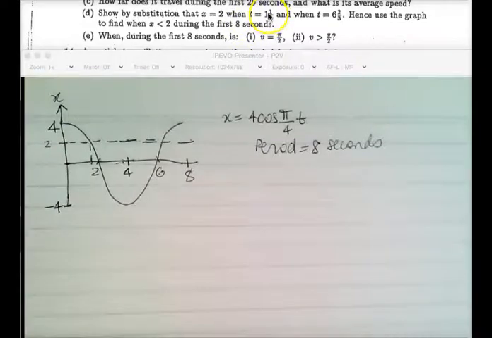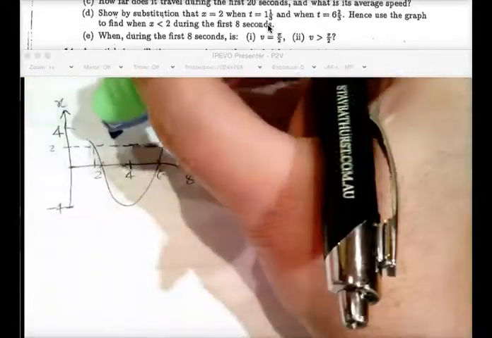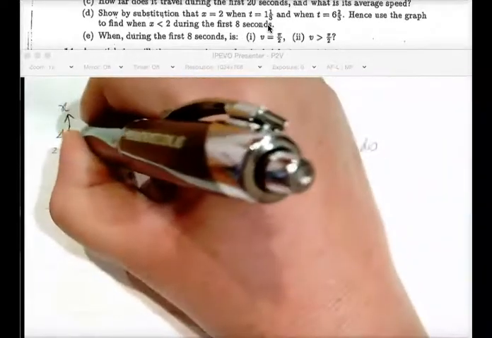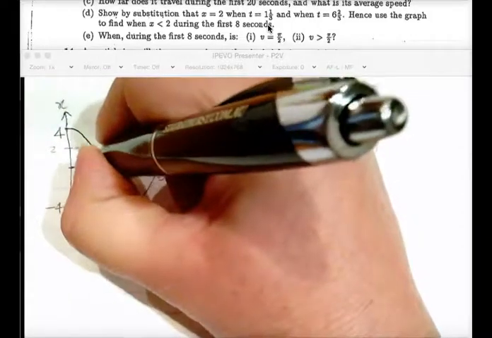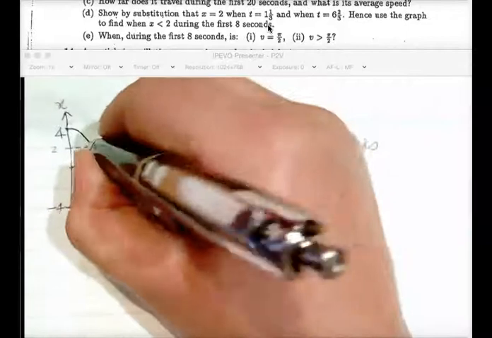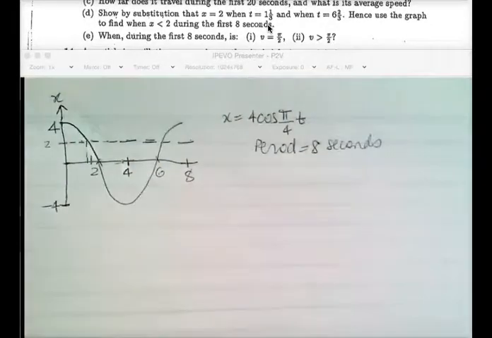Now, when time is 1 1/3, all right, this is probably not the best diagram. It's not drawn to scale very well. I could draw it a bit better. I don't know if that's any better, but sort of there. When time is 1 1/3, x was 2. Remember, we did the substitutions.